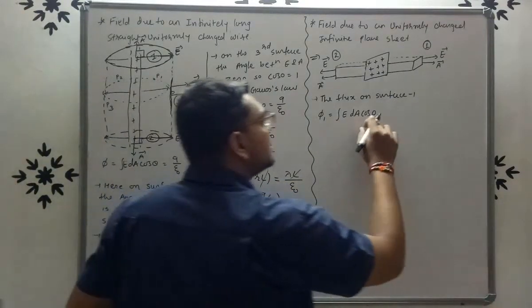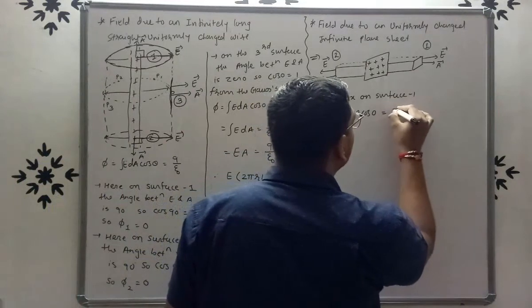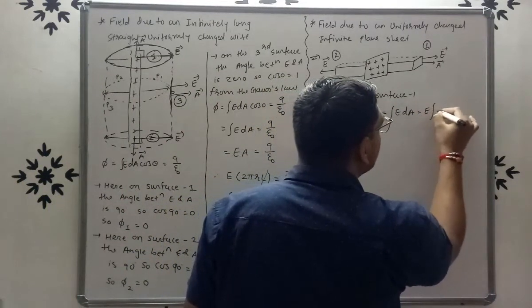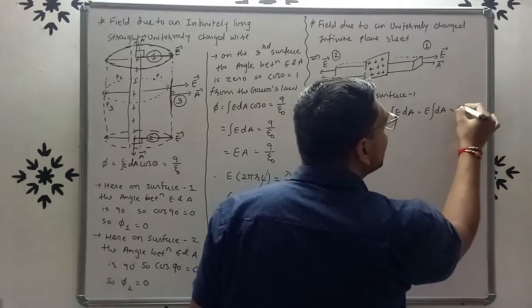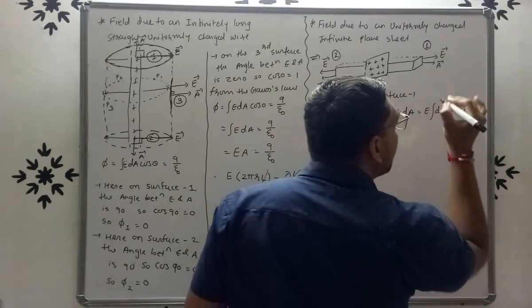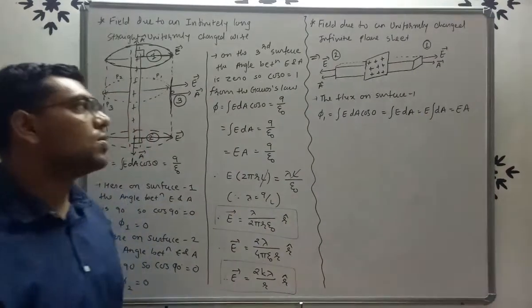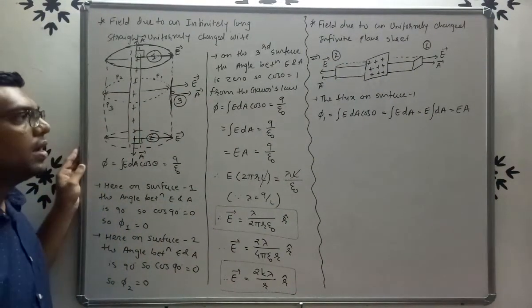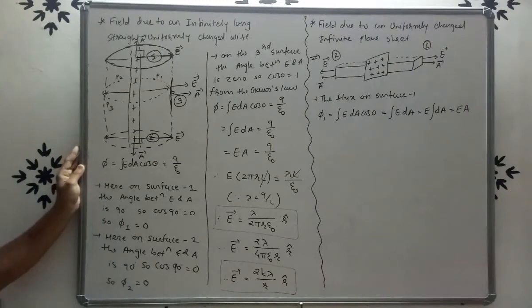We know that cos 0 is equal to 1, so integration E dA. E as it is, integration dA means total area A. So the flux on surface 1 is EA, right?